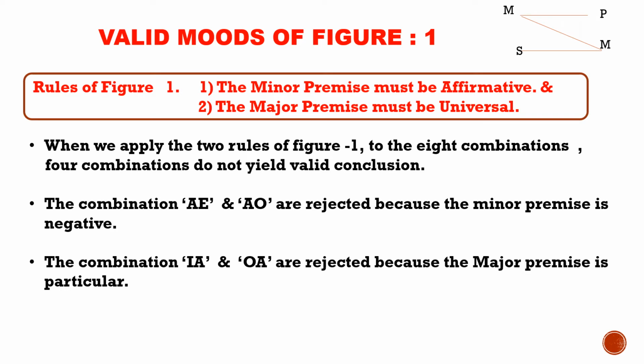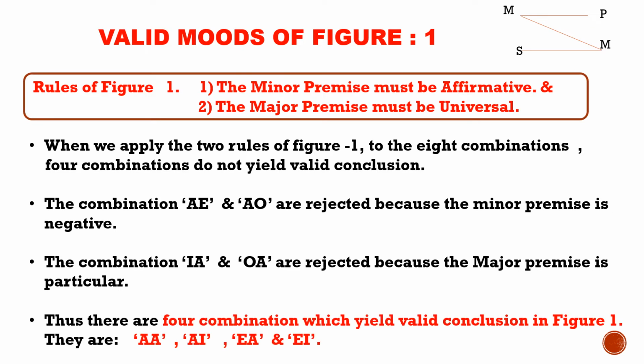Why? Because the major premise in both these combinations is a particular proposition, but as per the rule, the major premise must be universal. So then we are left with only 4 combinations, and what are they which will yield valid conclusions in figure 1? They are the AA combination, AI combination, EA combination and EI combination.